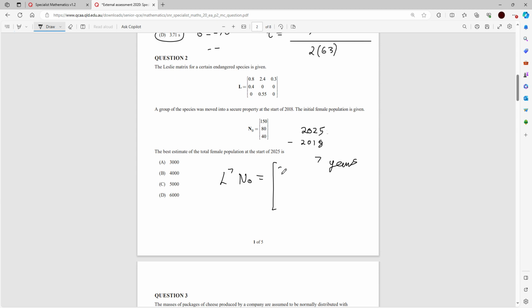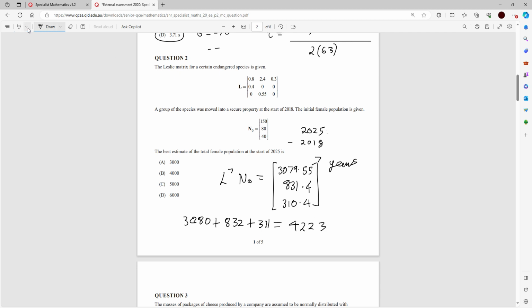So I got 3,079.55, 831.4, and 310.4. Okay. So obviously these aren't exactly correct because you can't have 0.5 of an animal or something. So all you're going to do is round it. So you're going to get 380 plus 832 plus 311. Okay. If you add those numbers together, you should get 4,223.